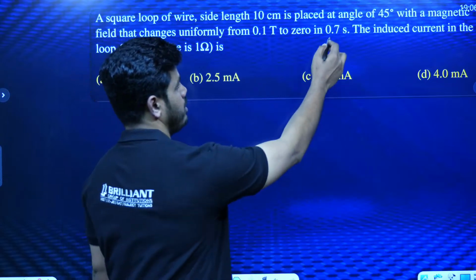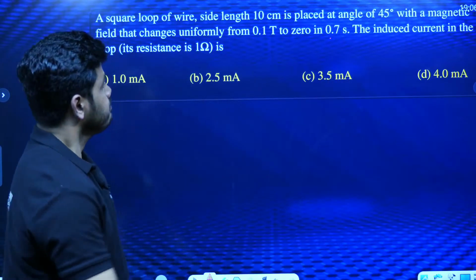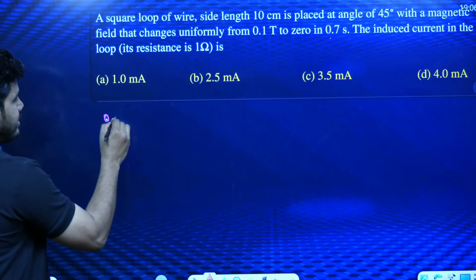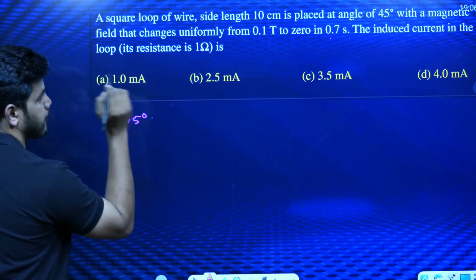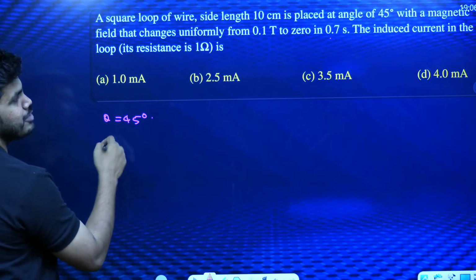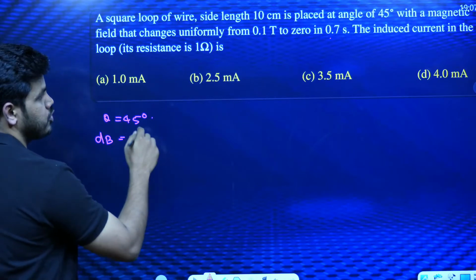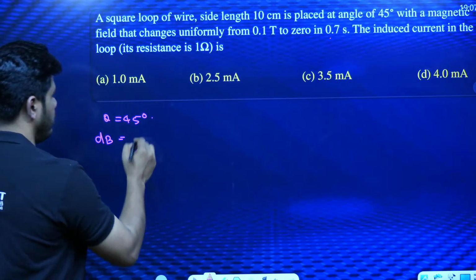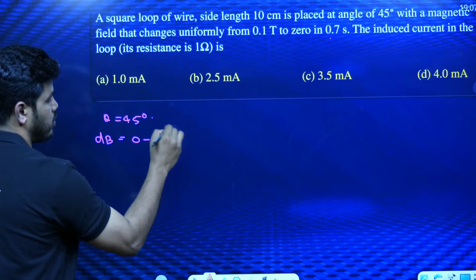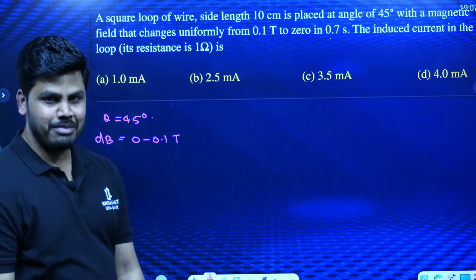You're given one angle theta here, which is 45 degree, right? And you're given some change in magnetic field. What is the change in magnetic field? dB. It changes from 0.1 to 0, so that is 0 minus 0.1 Tesla.